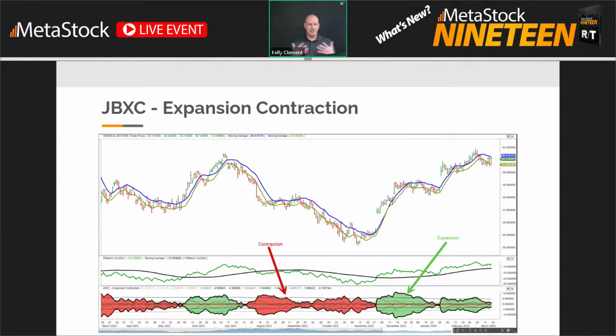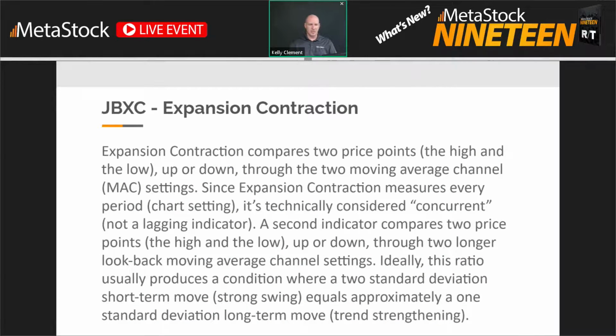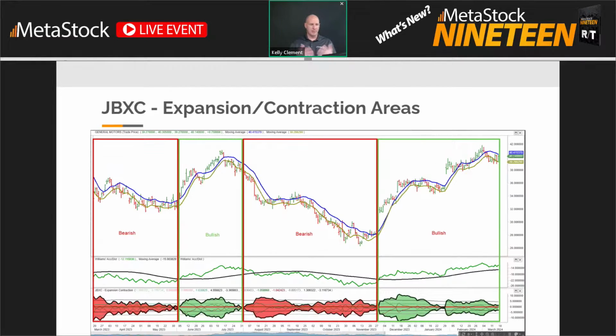Okay, so it's a very simple concept, but there's a lot that goes in behind the scenes to determine this expansion and contraction. So we're not going to read that, but what it basically does is it takes that expansion and contraction and breaks it out into bullish and bearish zones, basically.